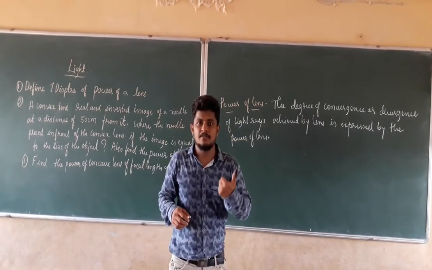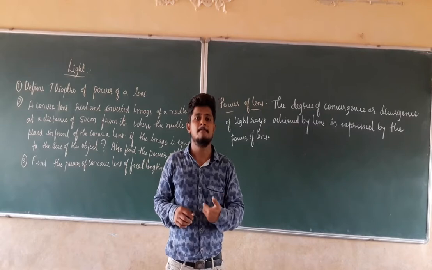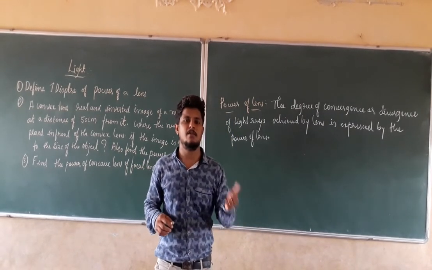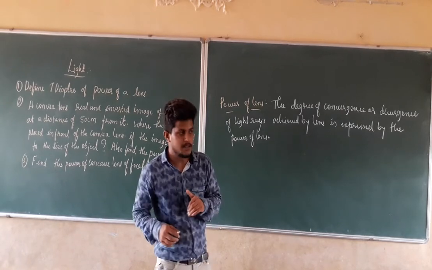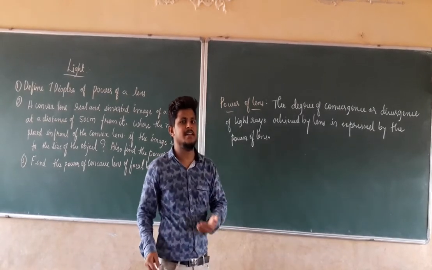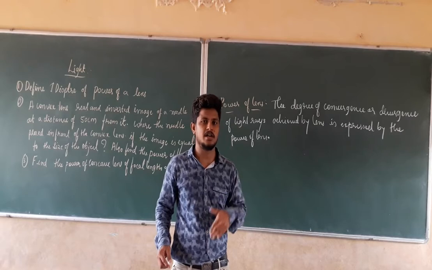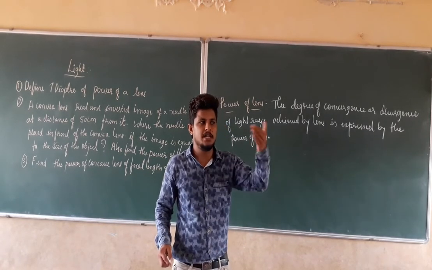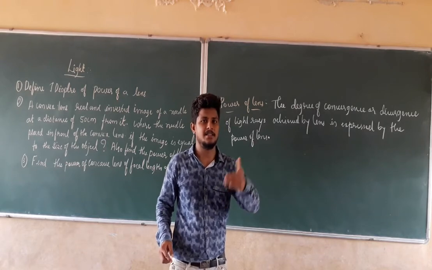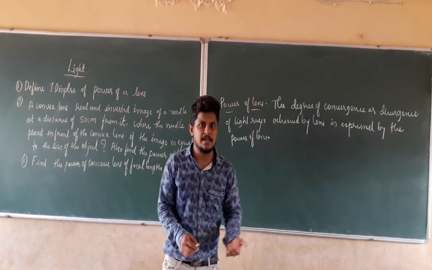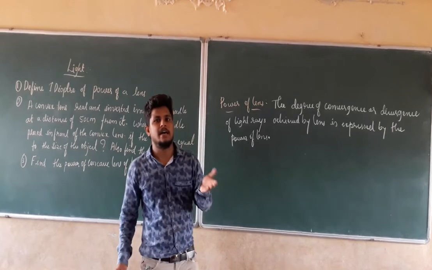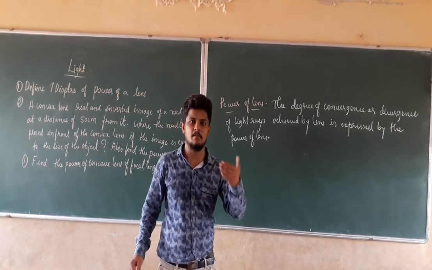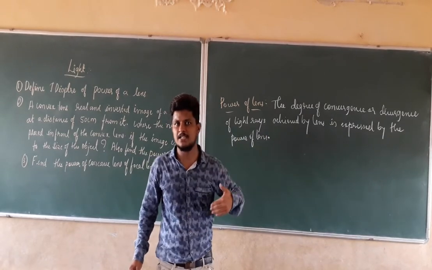If the focal length is higher, the converging capacity of that lens will be lower. So higher or lower convergence depends on the focal length. If the focal length is more, convergence is less. If the focal length is less, convergence is more. In the same manner, if the focal length is more, divergence is less. If the focal length is less, the diverging capacity of that lens is higher.